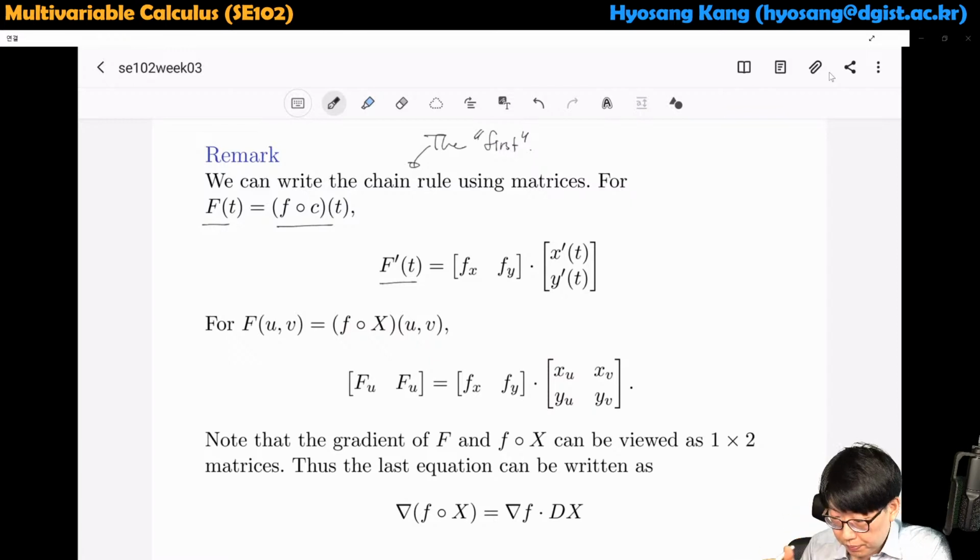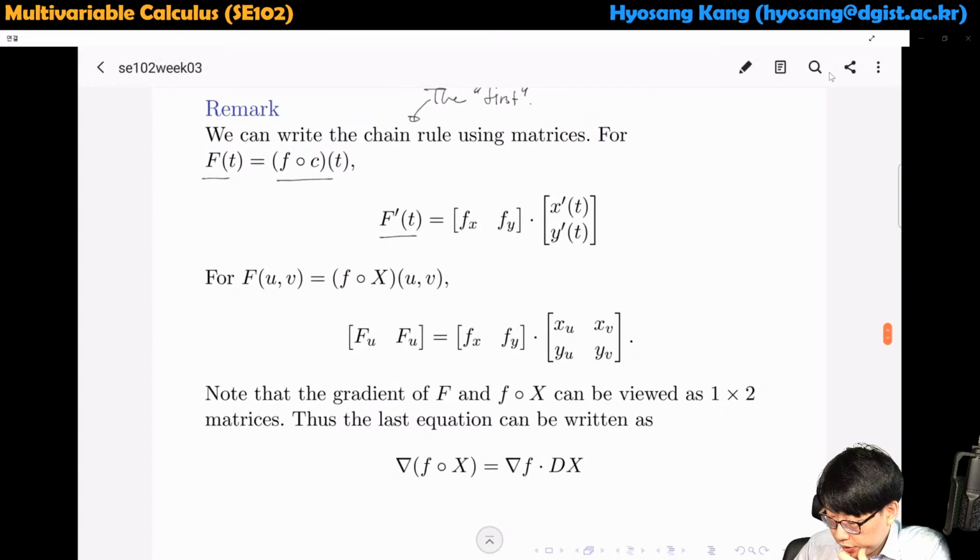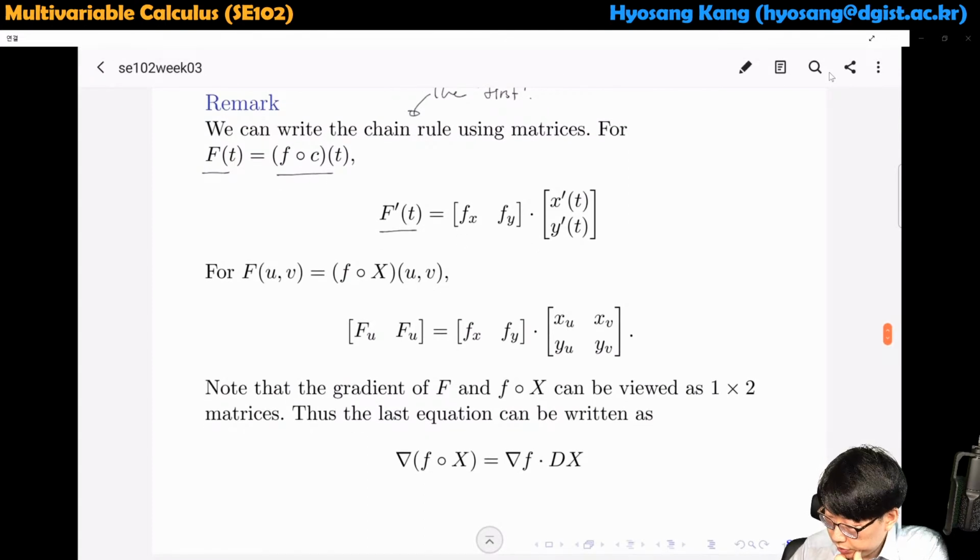So instead of choosing a specific parameter t0 or specific point x0, y0, I just put everything in the variable, okay, for simplicity.